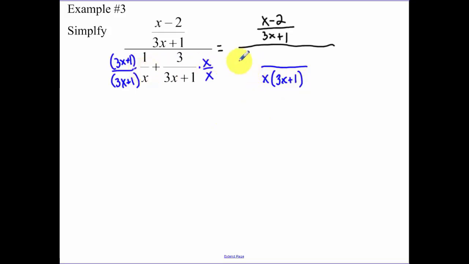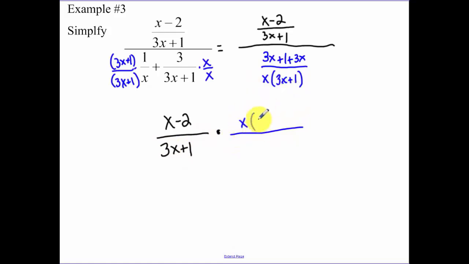On the top, we have a 3x plus 1 plus a 3x. So we keep the numerator the same. Change your sign to multiplication and flip the denominator.